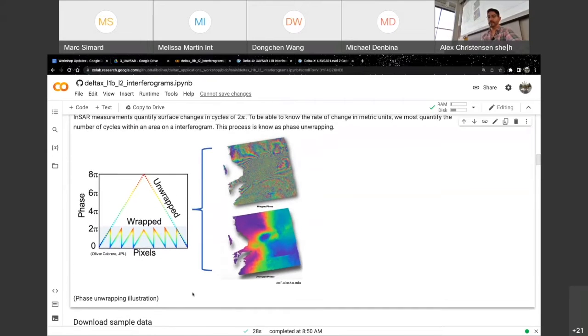And just a last thing on this process, I mentioned temporal coherence. We have a temporal coherence map in the time steps. What that map tells us is how well we did our job in actually unwrapping our signal.